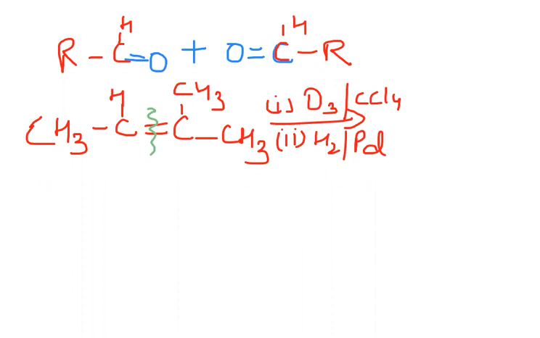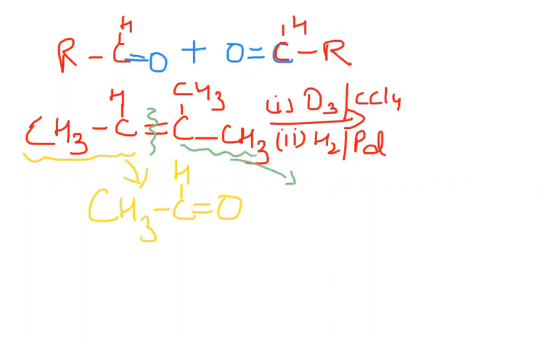If I look at this part of the compound, it is going to form CH3, a C and an H and the double-bonded O. So this part of the molecule is going to be like this. However, if I look at the other part of the molecule, let us say I look at this part of the molecule.